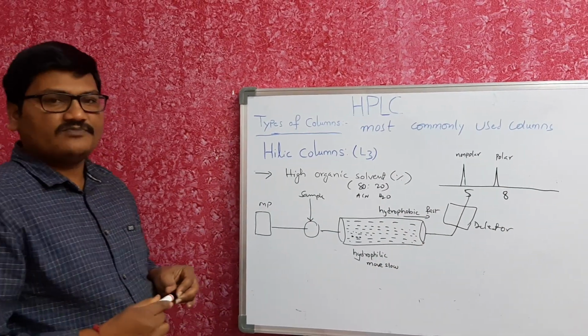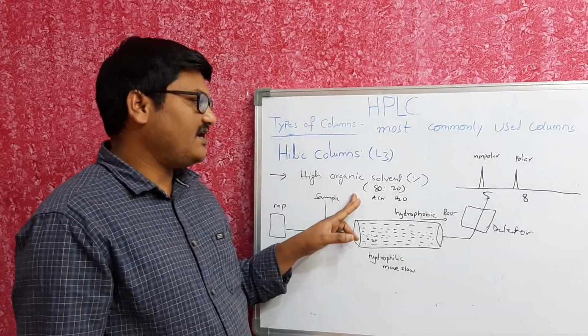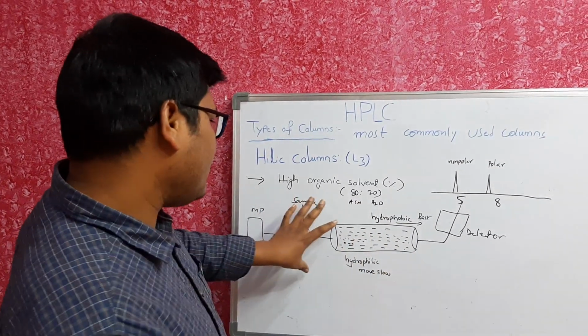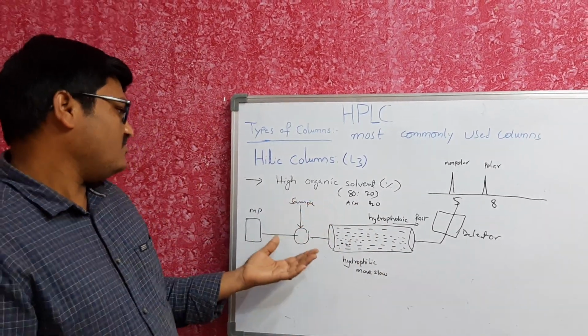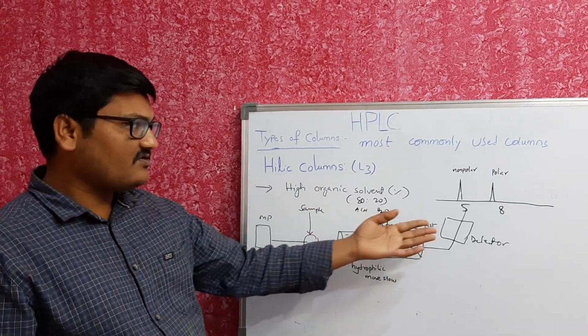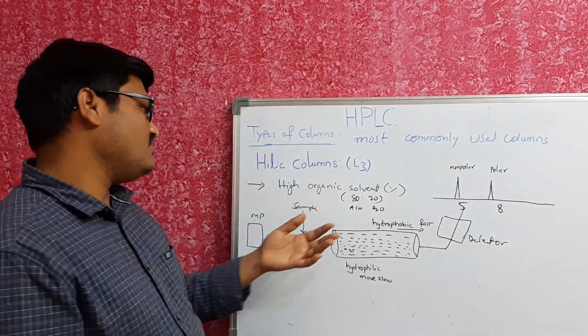So silica columns are used in reverse phase chromatography as well as normal phase chromatography. In reverse phase chromatography we use them for separation or retaining of polar molecules.